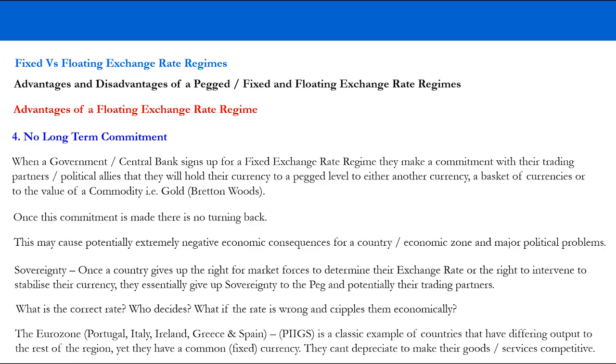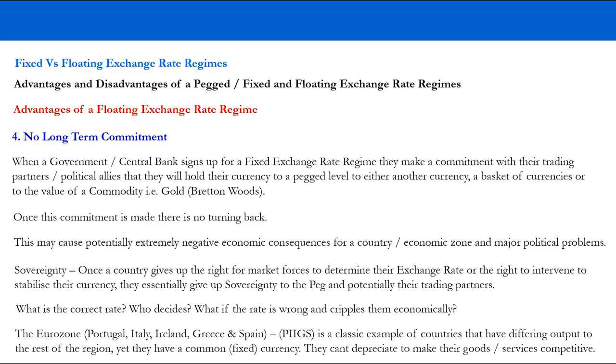They're locked in. They've given up their sovereignty, and one argument is that they joined the euro at a rate that is unsustainable for the countries themselves. So it might be sustainable for countries like Germany, but it's not sustainable for countries like Portugal, Italy, Ireland, Greece, and Spain. So with a floating rate, one of the advantages is that you don't have this long-term commitment.